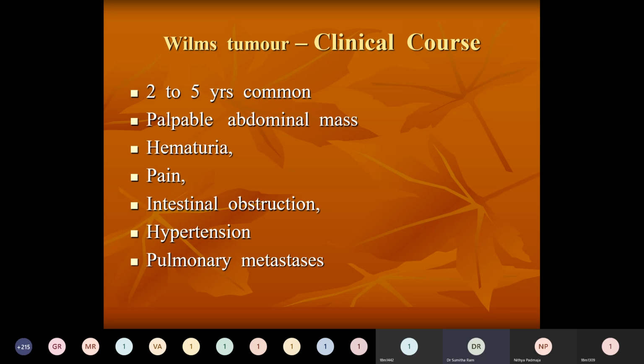They present with a palpable abdominal mass, and they present with hematuria, pain, intestinal obstruction, or hypertension, or in many cases they present as pulmonary metastasis. You know, these tumors may have already metastasized at the time of diagnosis.